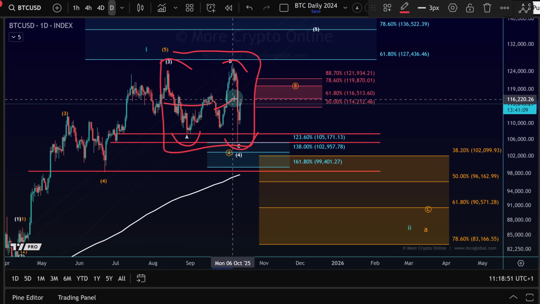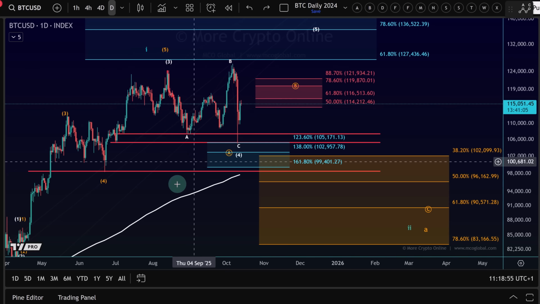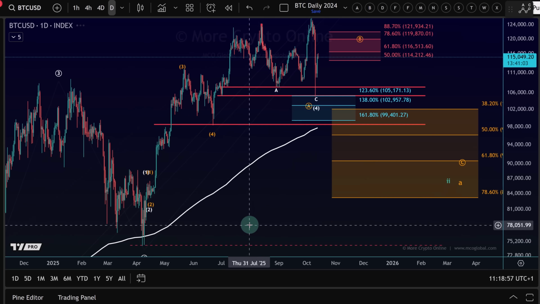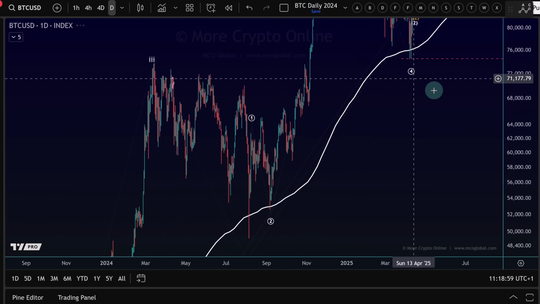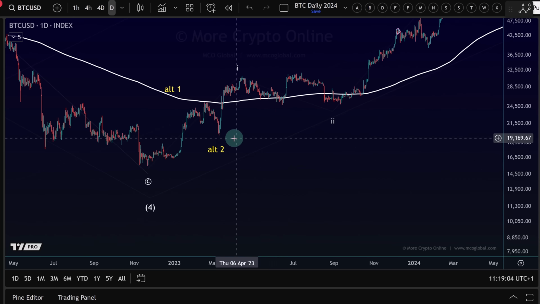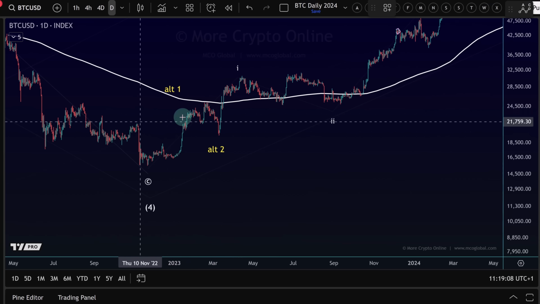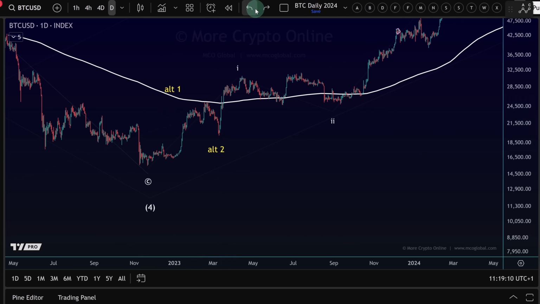It's just a range, okay? So that's what makes a flat correction different from, for example, a zigzag correction. Not sure if I find an example here right now, but zigzags are very sharp. Yeah, maybe this. Don't think it was actually a zigzag, but zigzags are usually sharp, right?